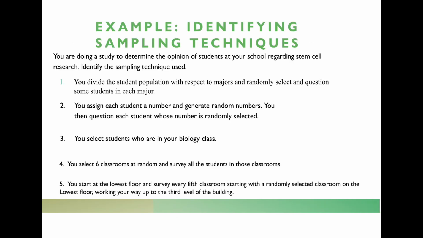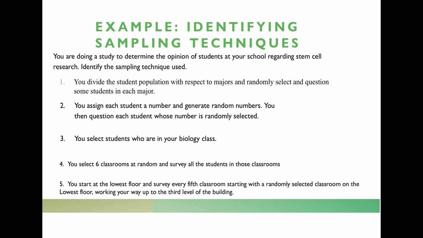So here are some examples of how we might do some sampling, and I want you to try to identify what's the technique that we're using. So we divide the student population with respect to majors, and then randomly select and question some students in each major that we've divided it into.